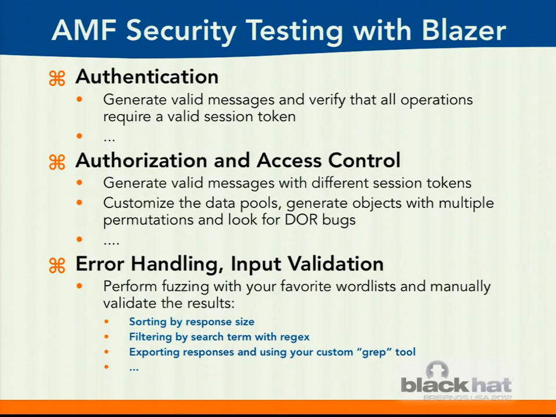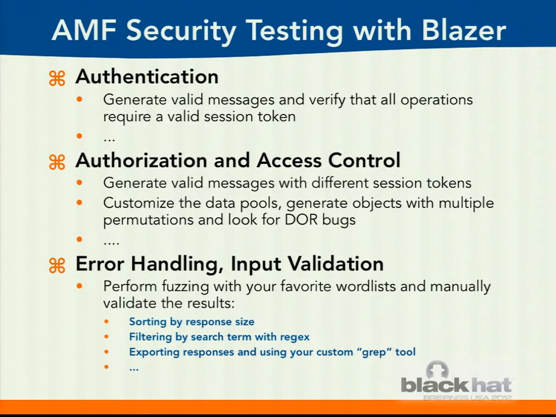What we want to do is generate valid objects and send valid AMF messages for all endpoints, for all possible exposed methods, and verify whether they're accessible or not. So we can use Blazer with object generation and build as many objects as we want, and then understand the results by filtering or sorting the responses.